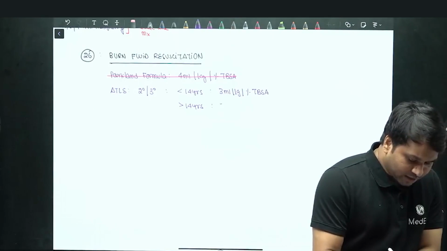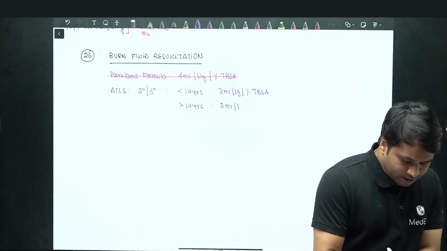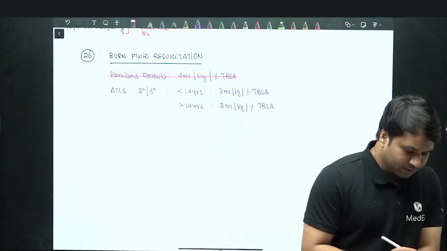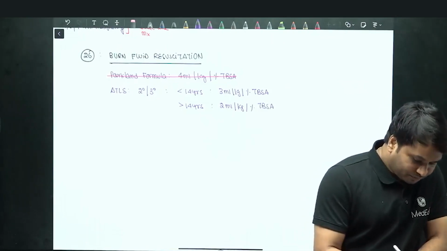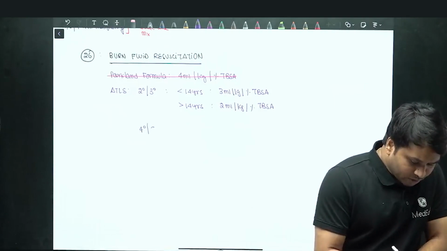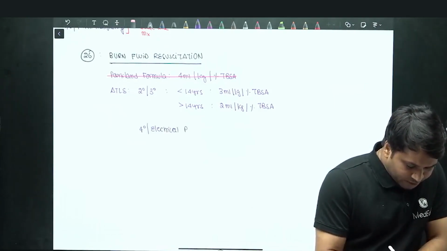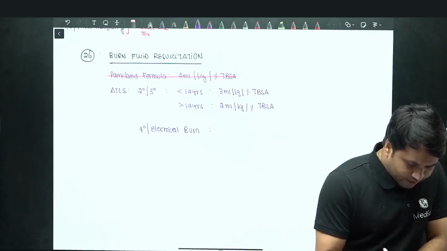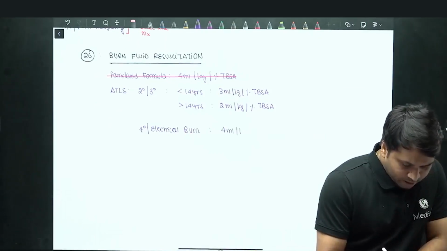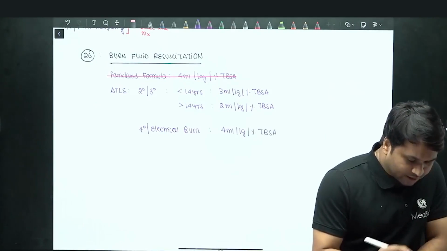If it is an adult, it is 2 ml per kg per percentage of total body surface area burnt. If it is a 4th degree burn or an electrical burn, irrespective of the age, it has to be 4 ml per kg per percentage of total body surface area that is burned.